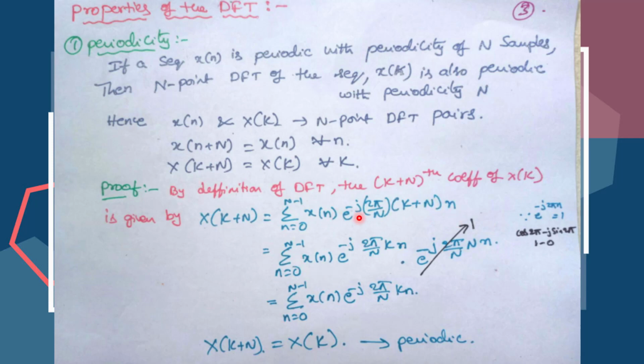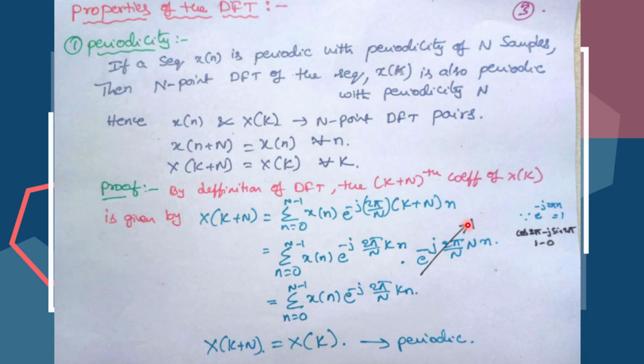Split this term into 2. So summation of x of n e power minus j 2 pi by N k n, and this is the capital N term. So here N gets cancelled. E power minus j 2 pi n can be written as cos 2 pi minus j sin 2 pi. If you take n constant, then cos 2 pi is 1, sin 2 pi is 0.